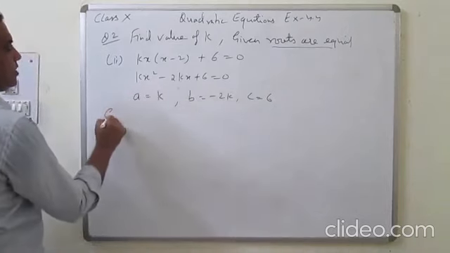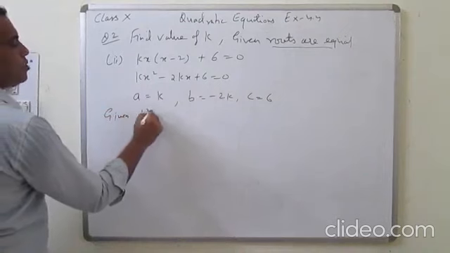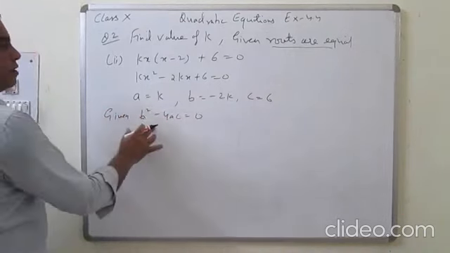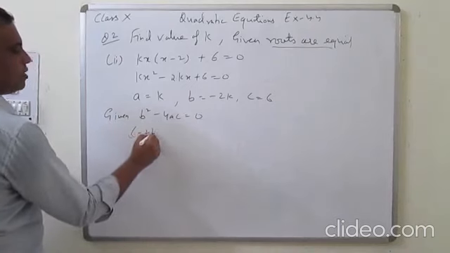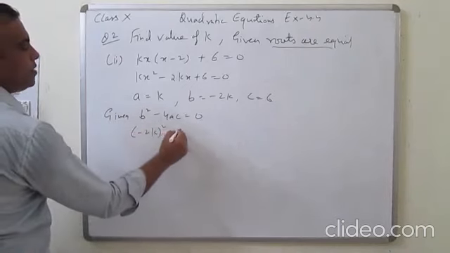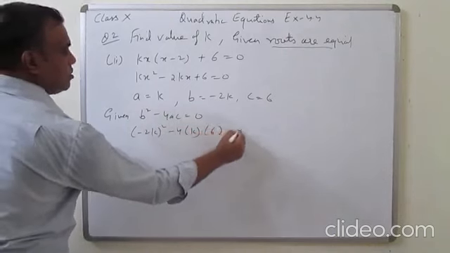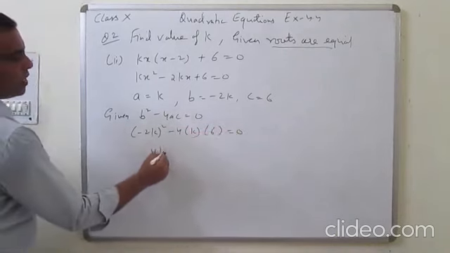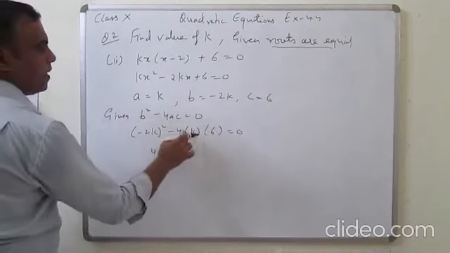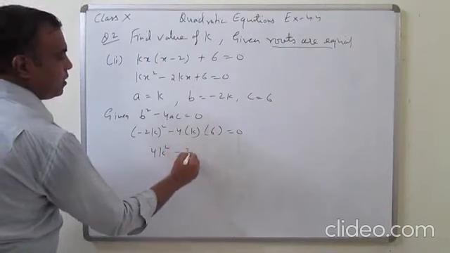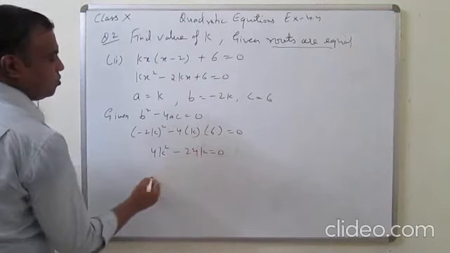The condition given to you is b square minus 4ac is equal to 0. Putting the values, (minus 2k) square minus 4 times k times 6 is equal to 0. It is 4k square minus 24k is equal to 0.